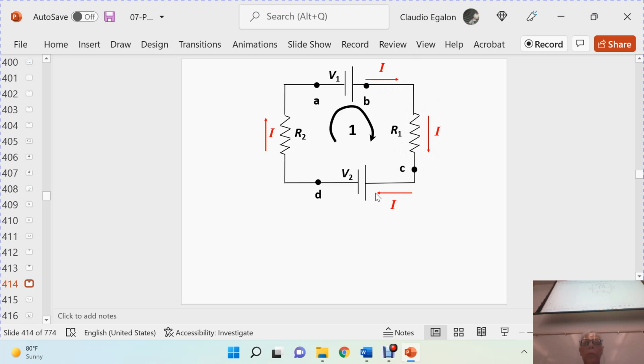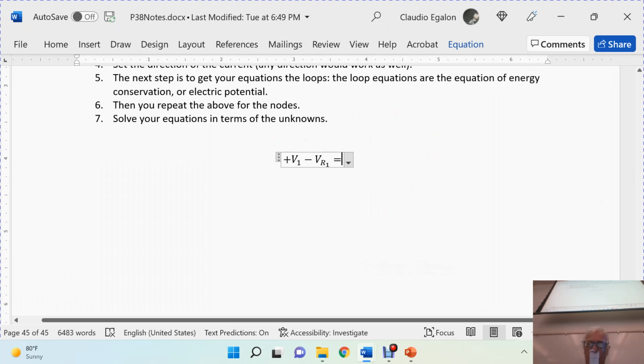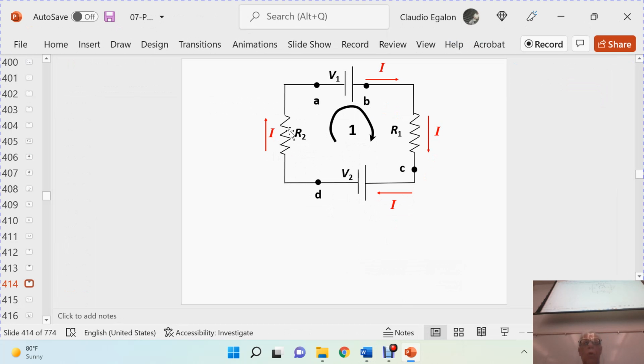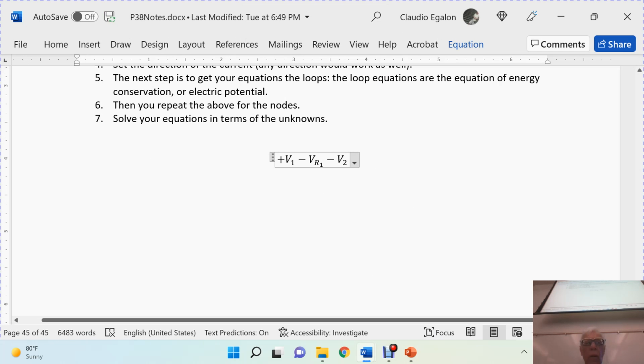And now I'm going to move across the second battery. We're going to go from a region of higher potential to a region of lower potential. So your electric charge loses energy across that battery. I'm putting a negative here. We have to go across another resistance, and we're going to lose electric potential, so it's going to be a negative as well.